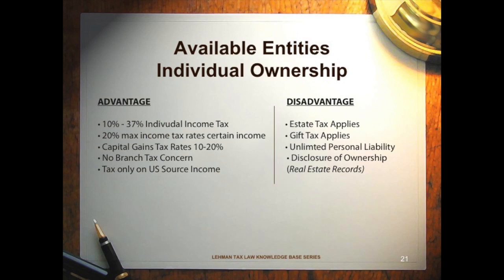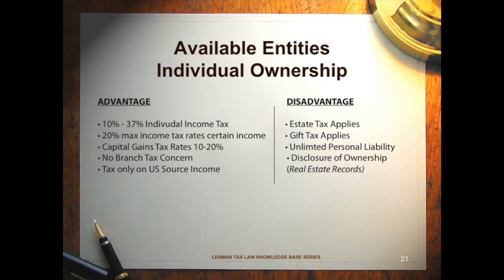Probably worst of all, if you're here as an individual, you're going to have unlimited personal liability. If you buy an apartment house here, rent it out, don't have any insurance, somebody trips and kills themselves, and you're the personal owner of that apartment, you could have a $1 million lawsuit, and that's you personally.